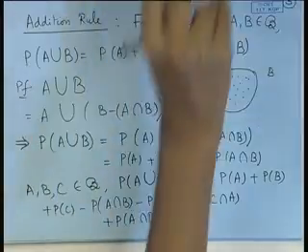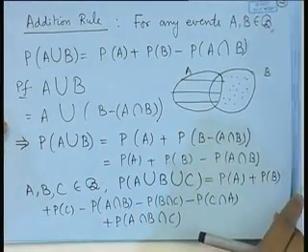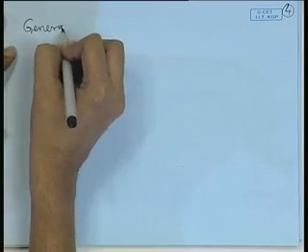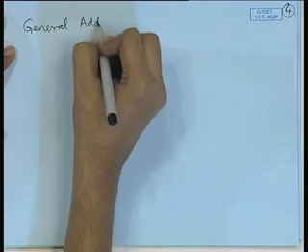So, this gives us a rule for considering a general addition rule, and we have the following result: general addition rule.